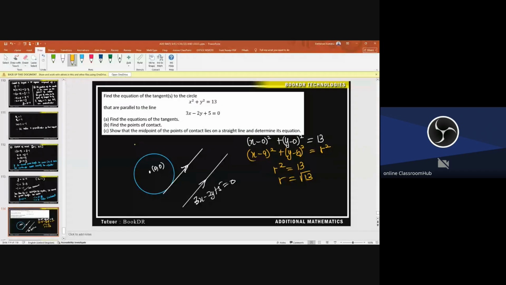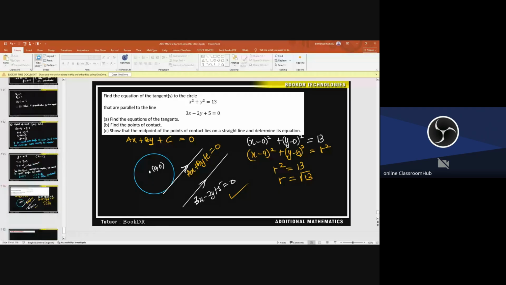Like how we have the standard form for the equation of a circle, we also have the standard form for the equation of a line, and that is ax plus by plus c is equal to 0. So our equation of the tangent, we can express it in that form, ax plus by plus c is equal to 0. Good. So we need to determine a, b, and c. That is all that we need to do. Good. So let's go to the next page.